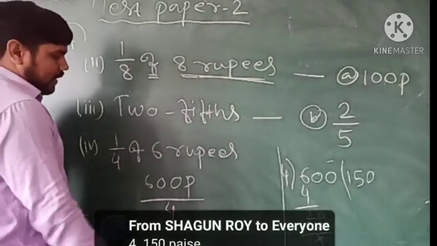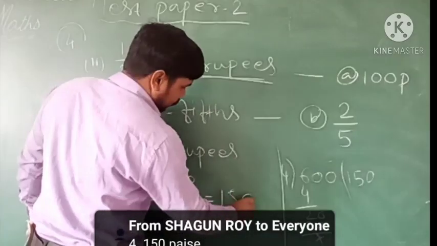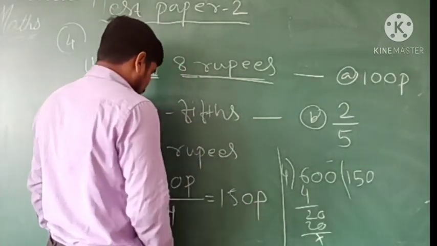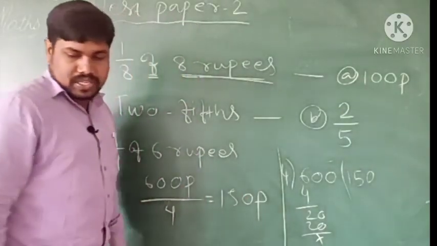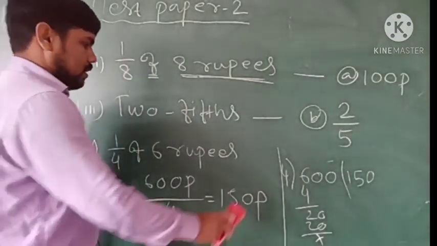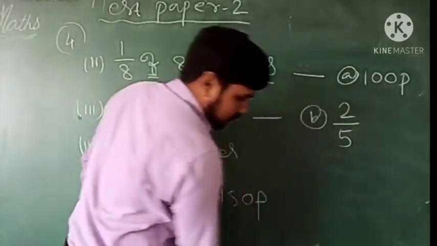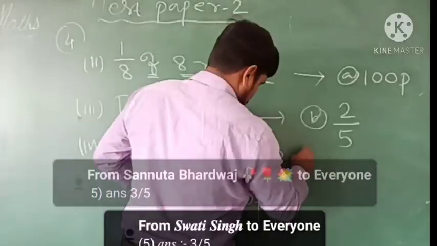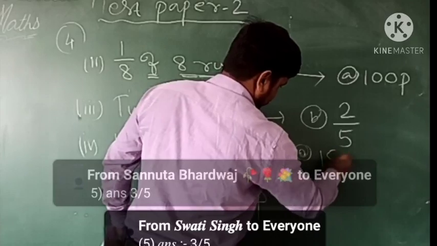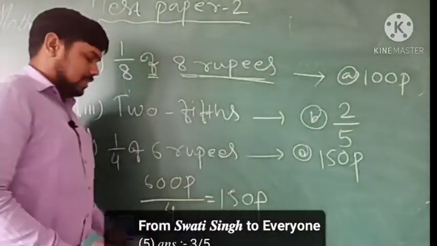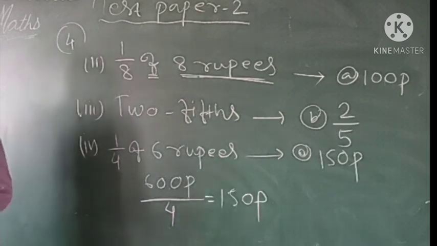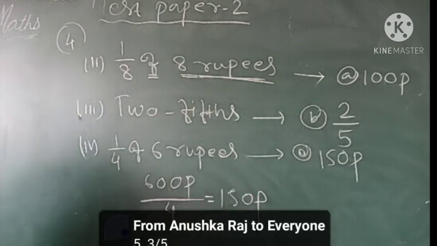So 150 paise will be the answer which we have as option number E. So this will be matched with option E, 150 पैसे. So ये हमारा ऑप्शन E के साथ मैच करेगा, जो कि हमारा 150 पैसे है. So this is how you can do all the questions of this test paper. ये टेस्ट पेपर का सारे क्वेश्चंस आप इस तरह से बना सकते हो.